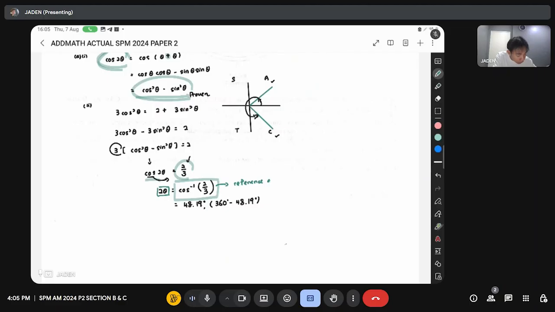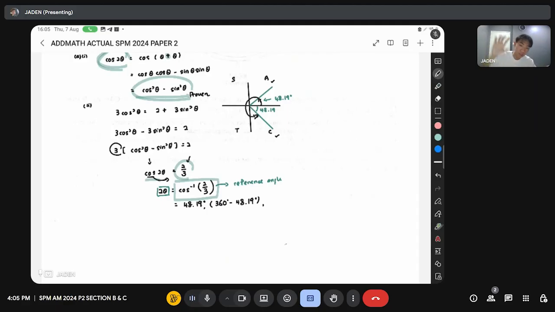So reference angle means any angle that is attached to your x-axis, which means here 48.19, and this column here also 48.19. Okay, so your second theta answer will be this. And don't forget, just now I mentioned because of 2 theta you are running 2 cycles here.